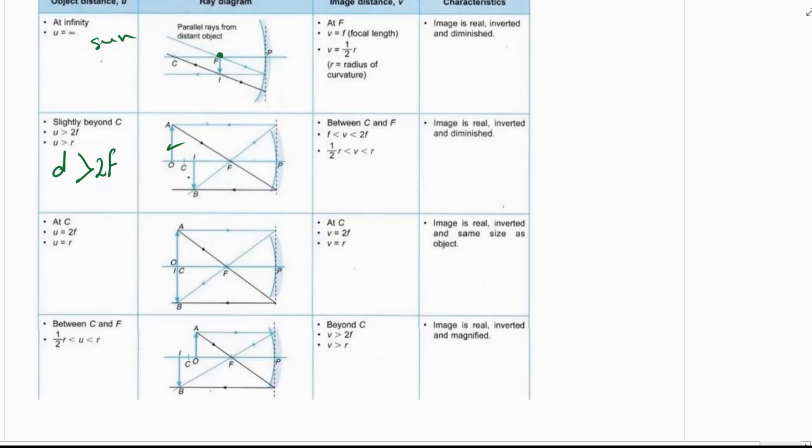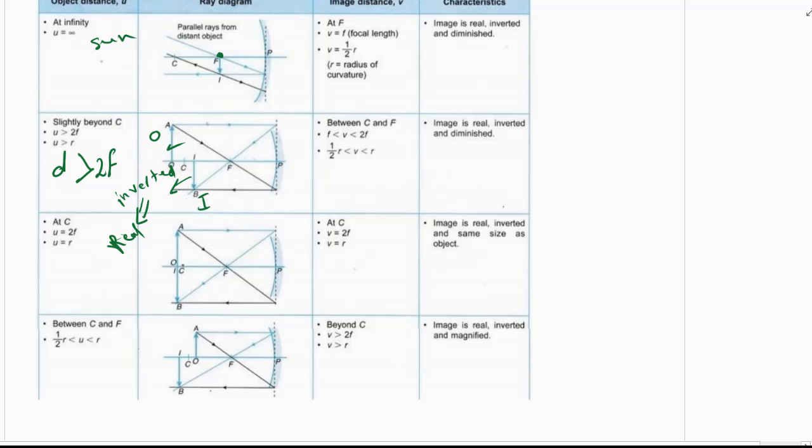The image will be inverted. As you can see, this is the object and this is the image, so the image is inverted. When the image is inverted, this is an indicator that it is a real image, and it's a smaller image.